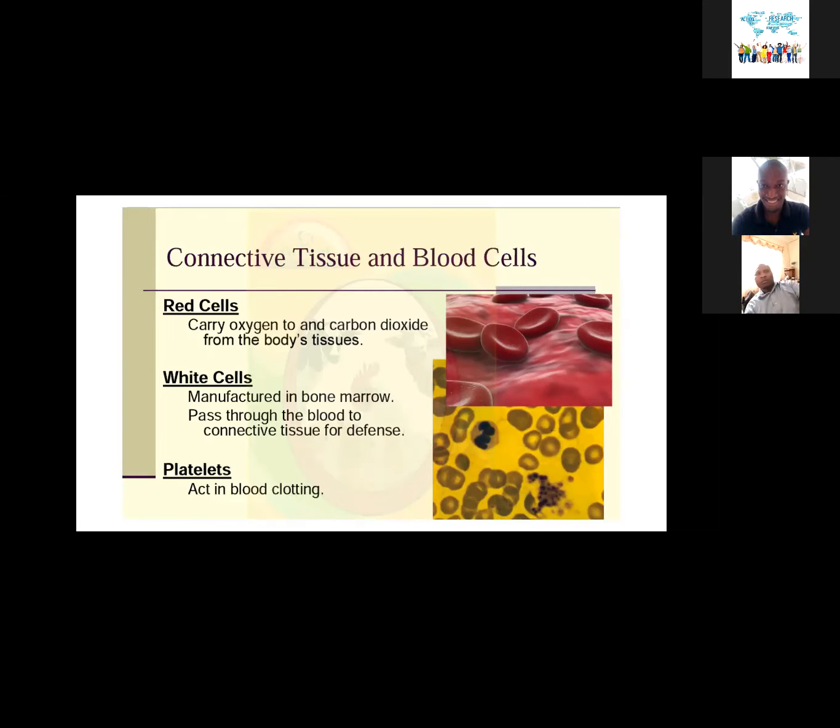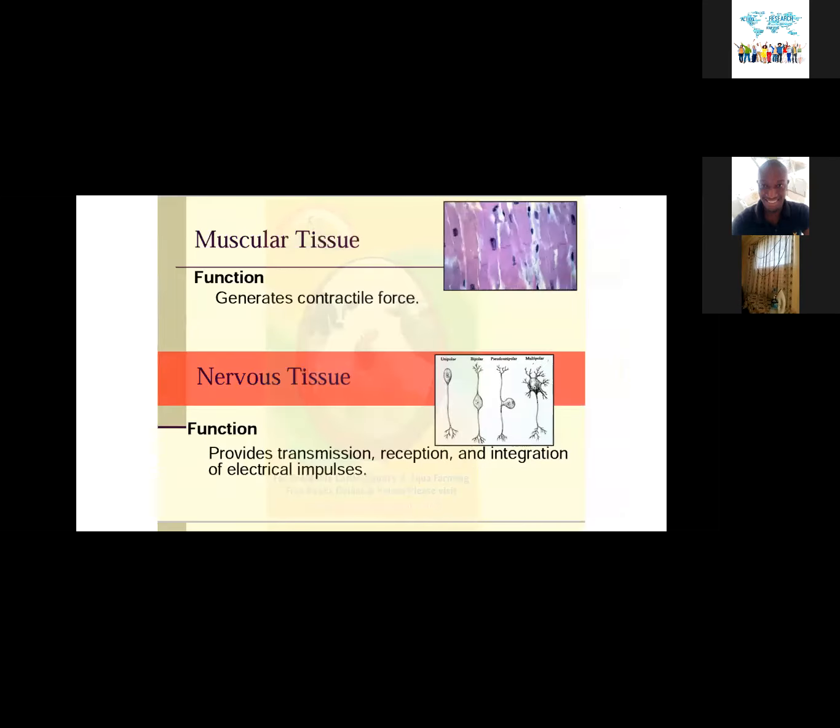And also the white blood cells, which are actually helping in the body's defense, they're also coming to and from the bone marrow to the connective tissue as well. So that's the interrelationship there. We've also got platelets, which help in acting as blood clotting factors.